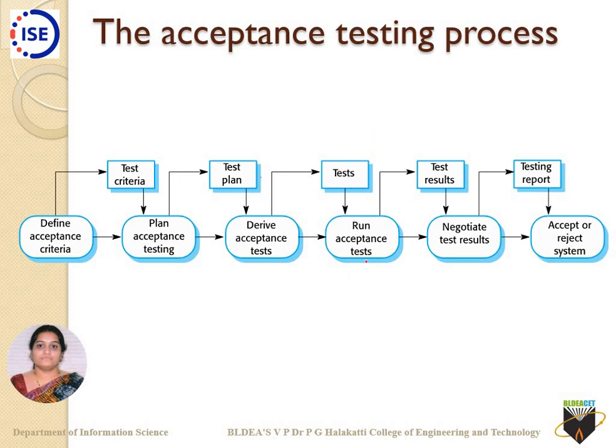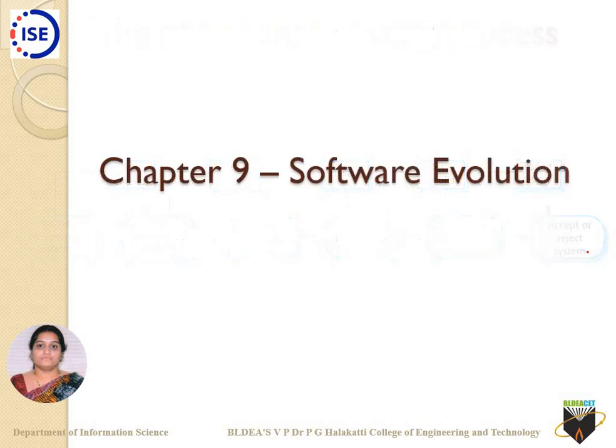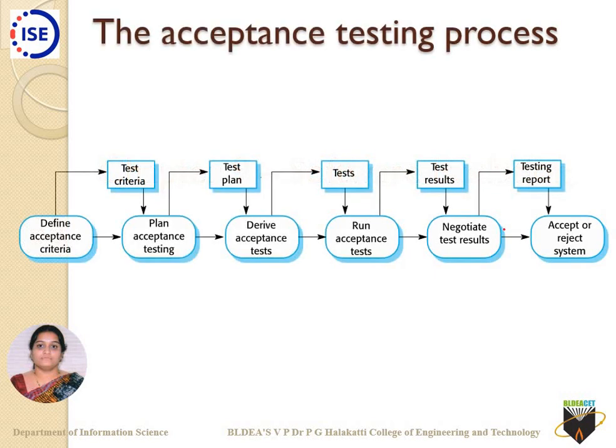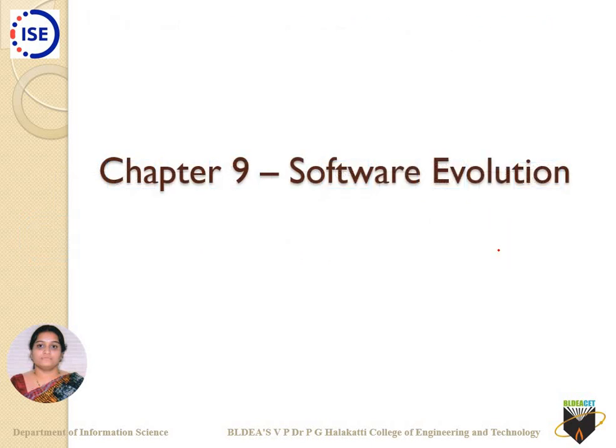You run those acceptance tests, negotiate the test results, and have a report with you. That report tells you ultimately whether you are going to accept or reject the system. So this covers user testing, release testing, and acceptance testing.